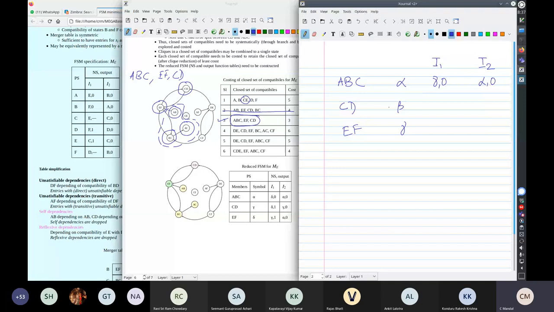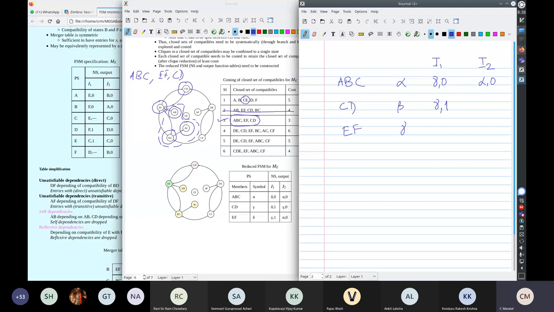Let us consider CD. So CD, getting the input I1, goes to either E or F. E or F, that is gamma. It goes to gamma, and the output must be 1, because the output of F is 1.